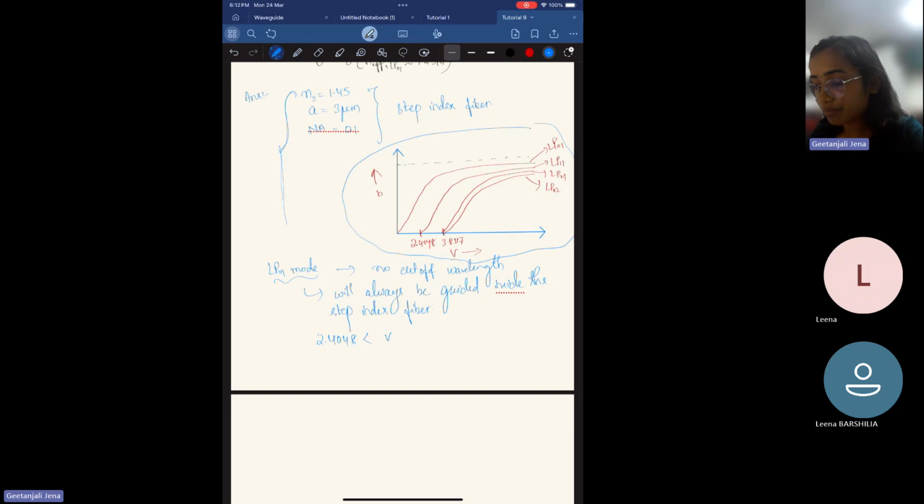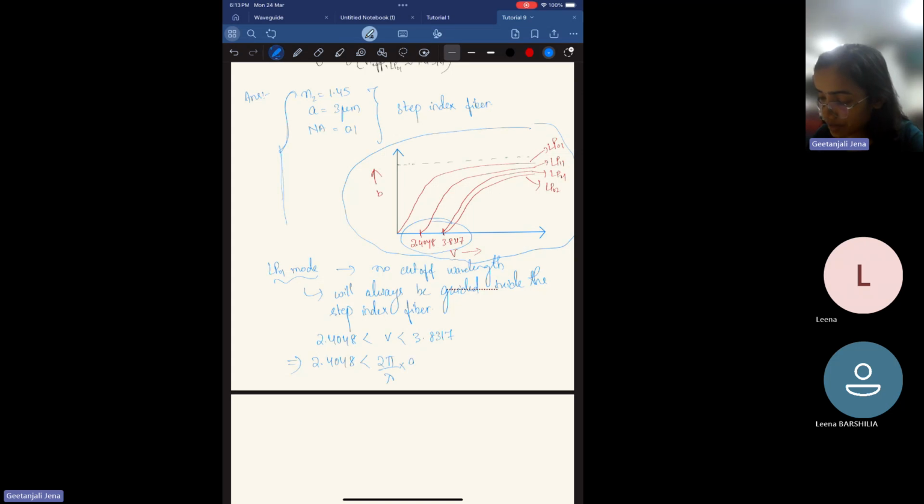For LP11, the V parameter should lie between 2.4048 and 3.8317. It should lie between these values. So now our main work is to find out the cutoff wavelength for LP11.